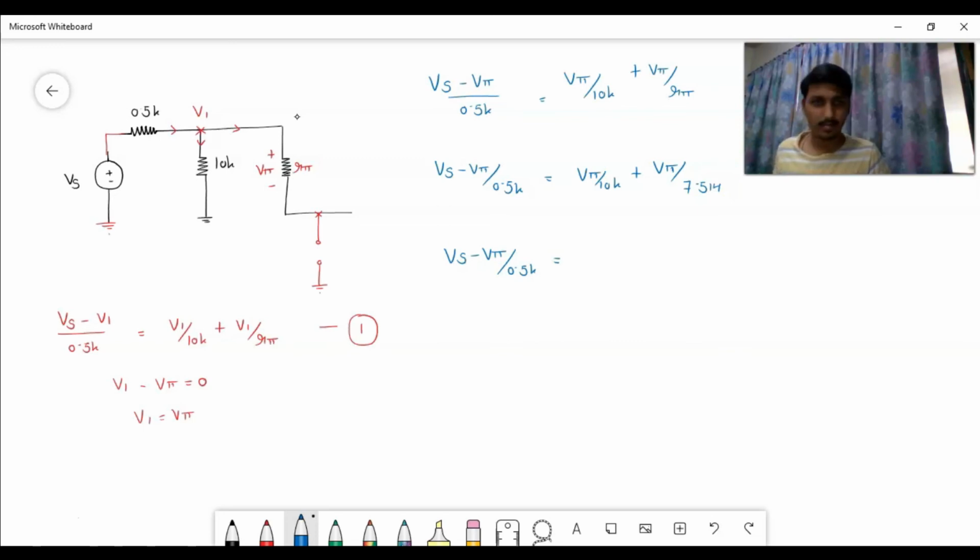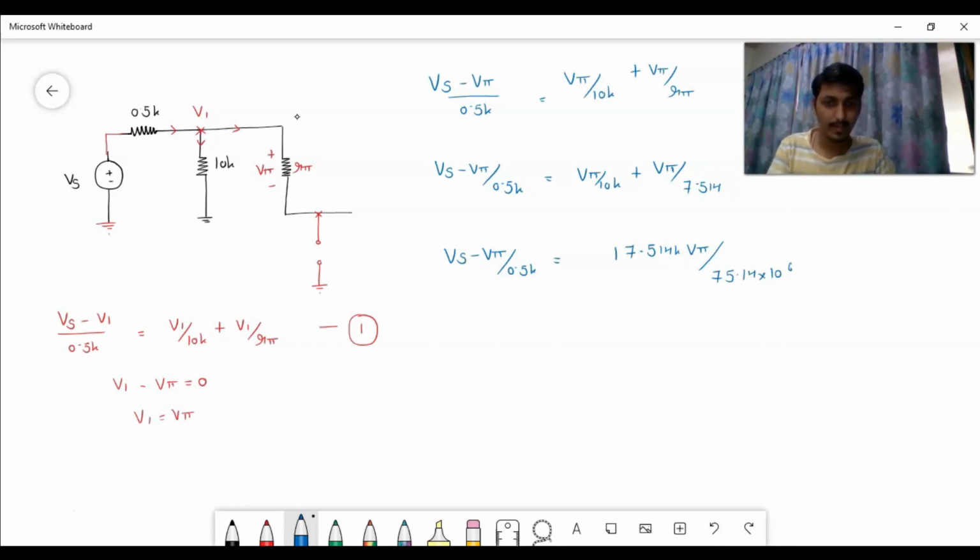So if we solve this, Vs minus V pi, 7.514 plus 10, this is nothing but 17.514k V pi, and this is 10 into 7.514k, 75.14 into 10 raised to power 6.